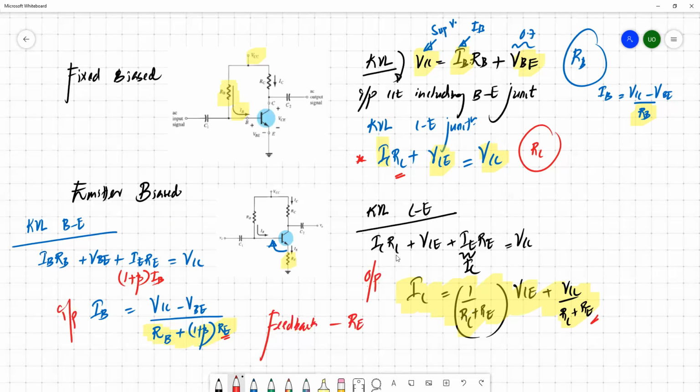We can manipulate or have a kind of common control between input and output. So this is a bit more advanced mechanism compared to the fixed bias mechanism. By placing RE, the emitter resistance, we can introduce a kind of feedback system to the transistor circuit.